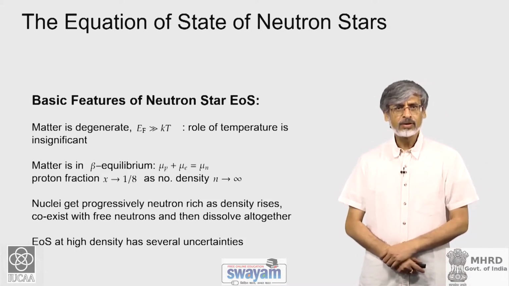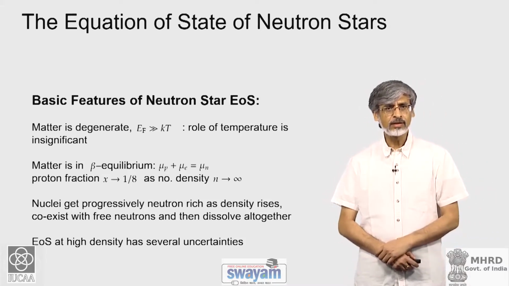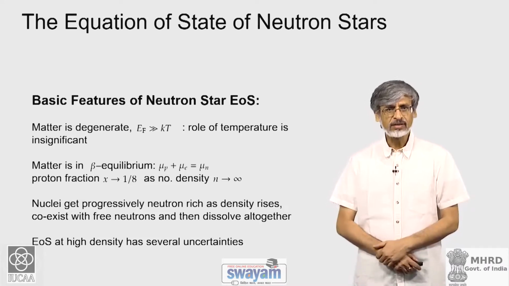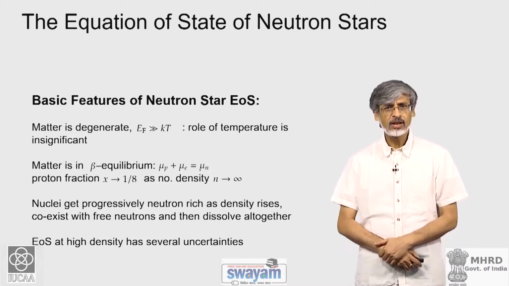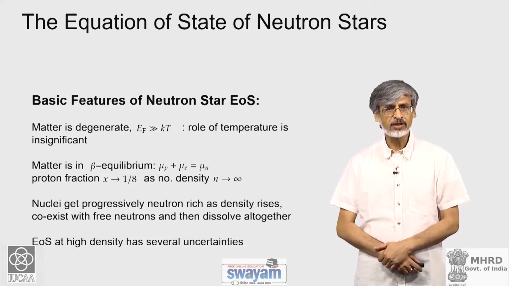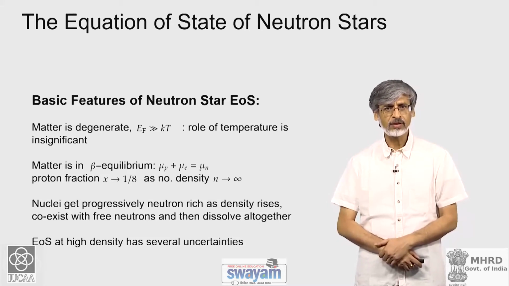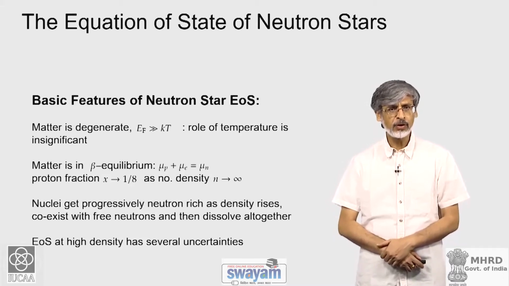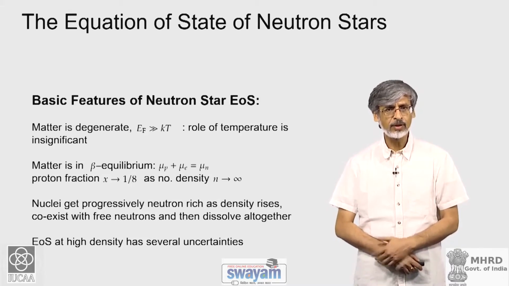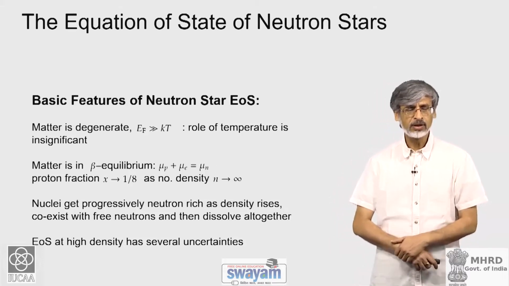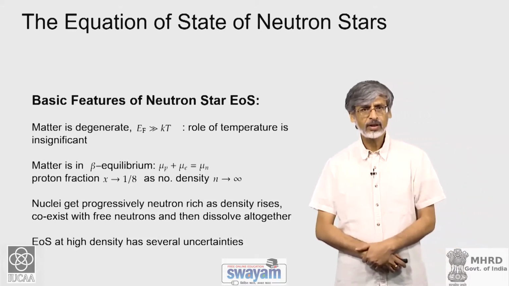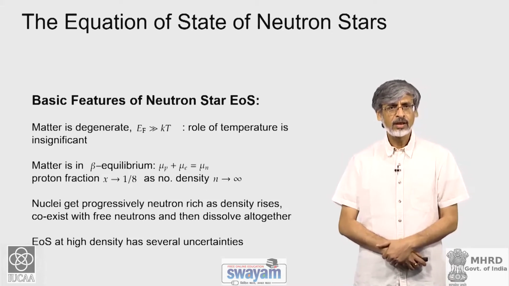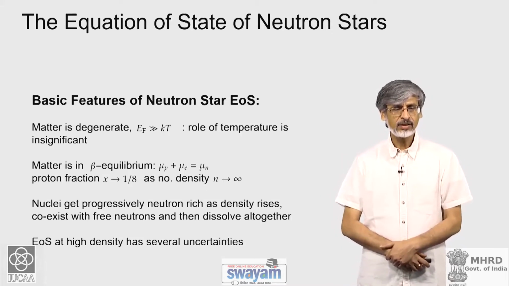We also know matter is in beta equilibrium, which means the chemical potential of neutrons is a sum of the chemical potential of the protons and electrons, and in some cases you would also have muons. So, the chemical potential will also include the muons. The proton fraction is a function of density.